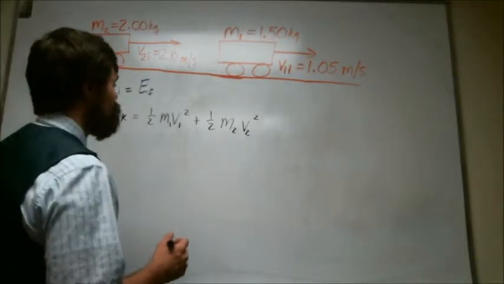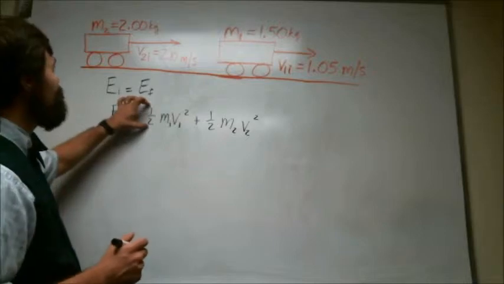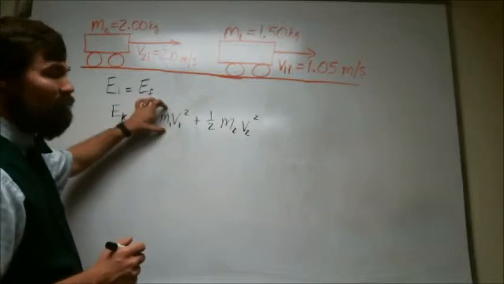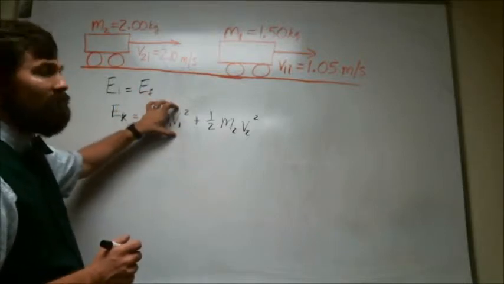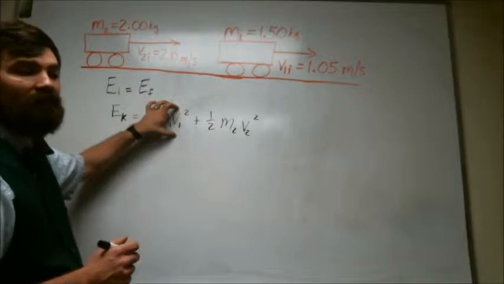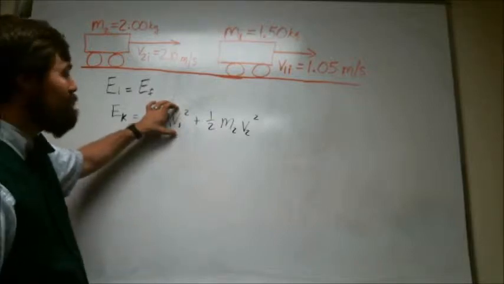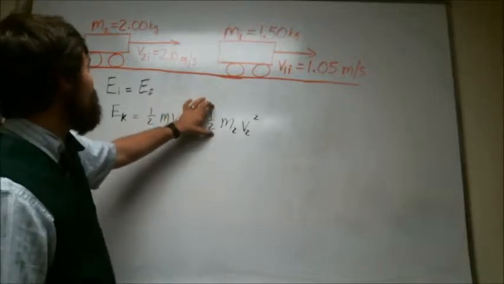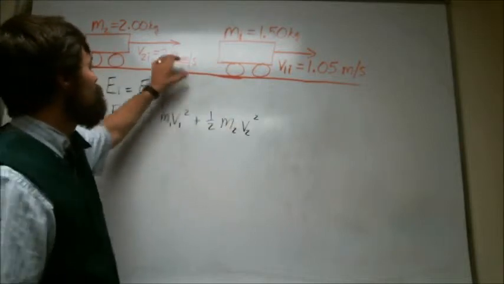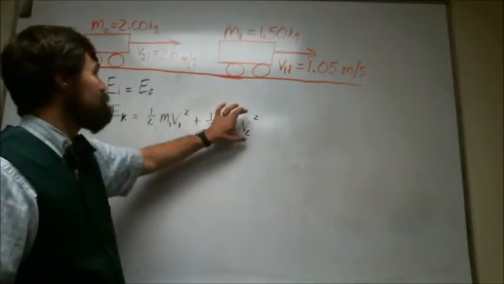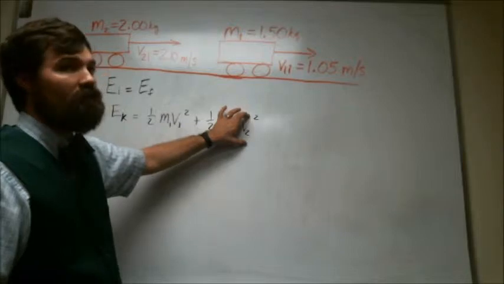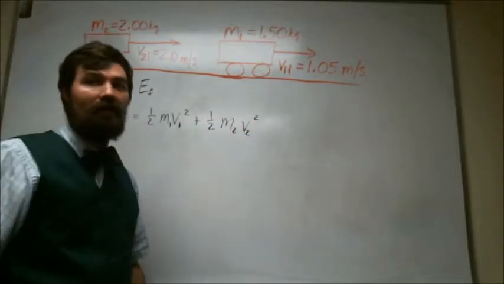So plugging those numbers in, I get 1/2 times 1.5 kilograms times 1.05 meters per second quantity squared. That plus 1/2 times 2 kilograms times 2.1 meters per second squared.